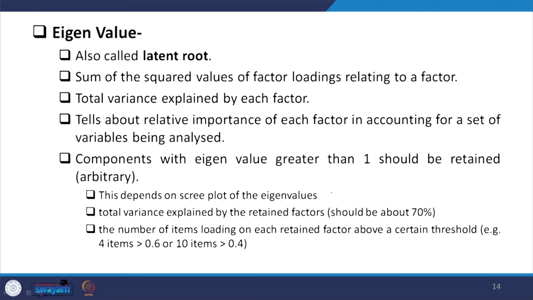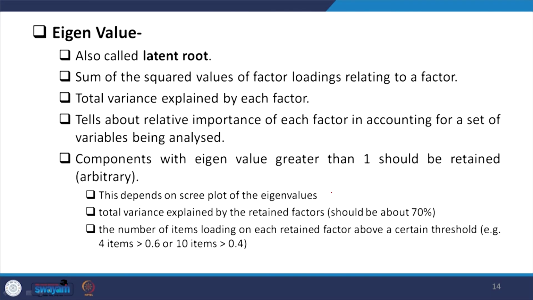The total variance explained by the retained factors should be about 70%, 0.7, as we have already shown, and that is sufficient. Then there is the number of items loading on each retained factor above a certain threshold level.